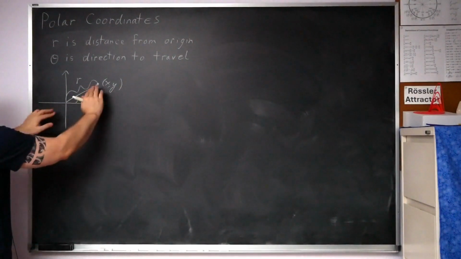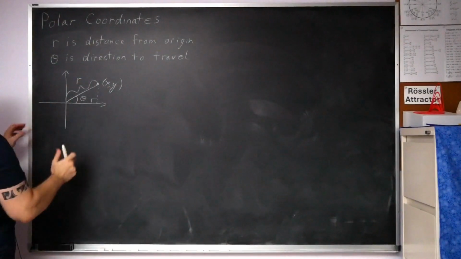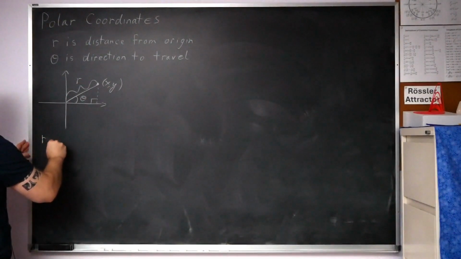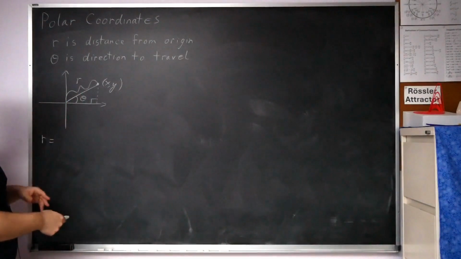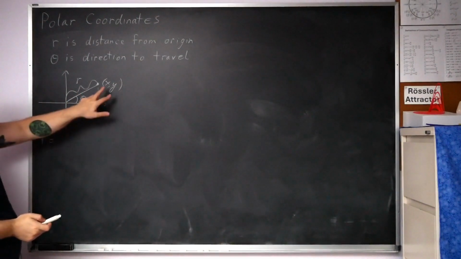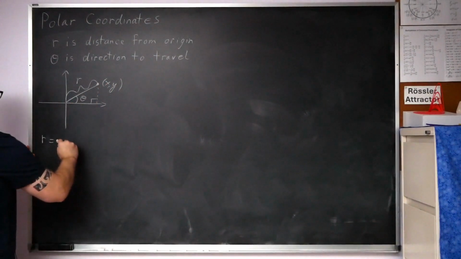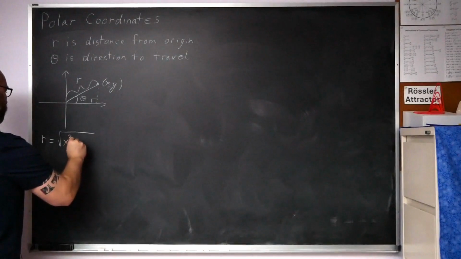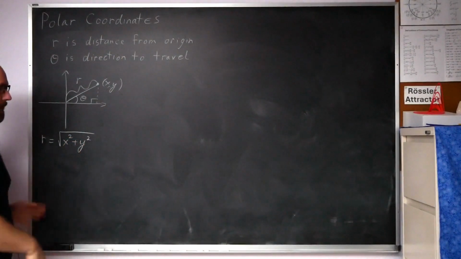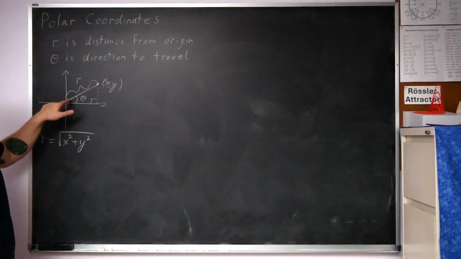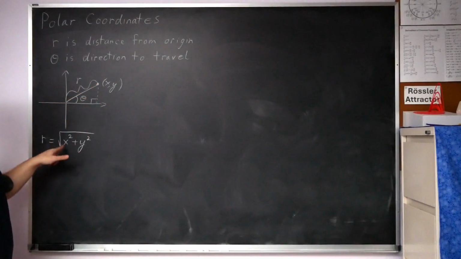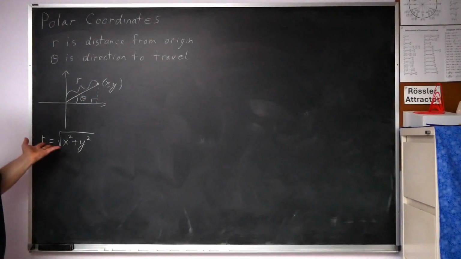In my case, the hypotenuse length c, I'm representing by the letter r. The adjacent and opposite sides, a and b, are the x and y values. So it's the square root of x squared plus y squared. It's the Pythagorean theorem, right? So the distance from the origin to point x comma y is the square root of x squared plus y squared, and that's exactly what r represents.